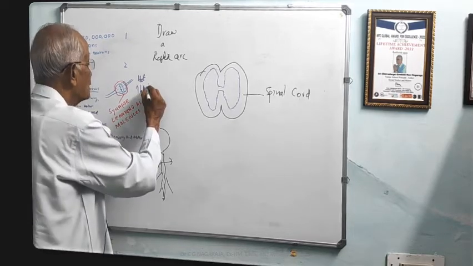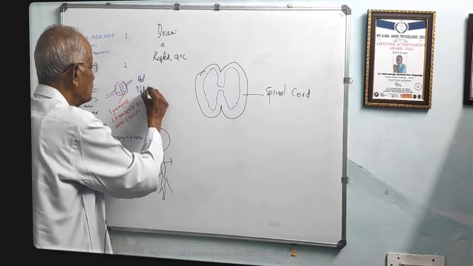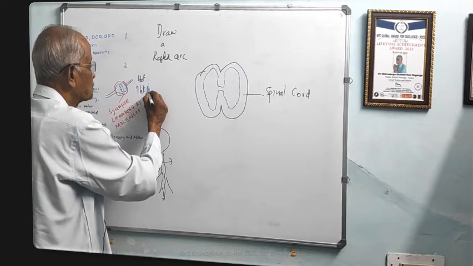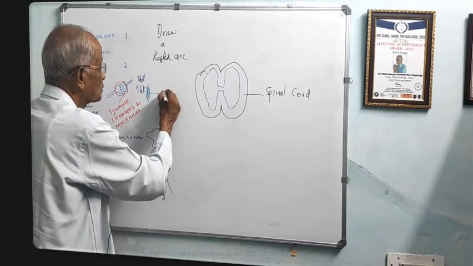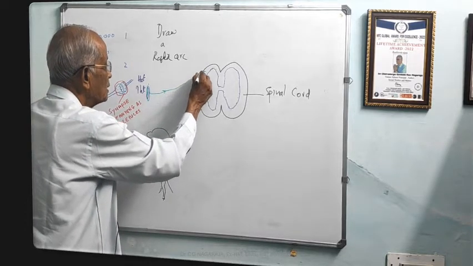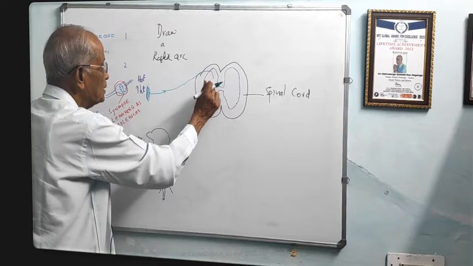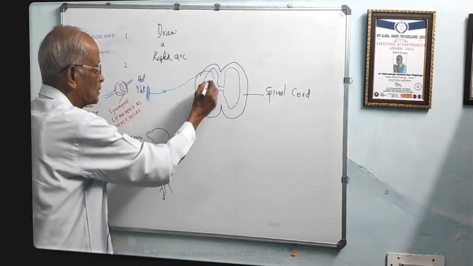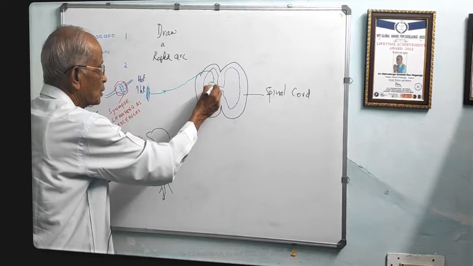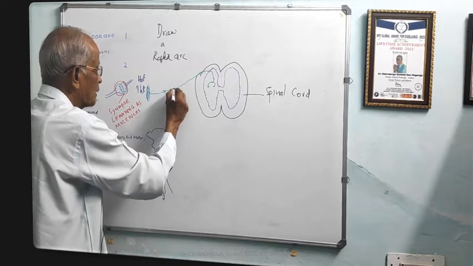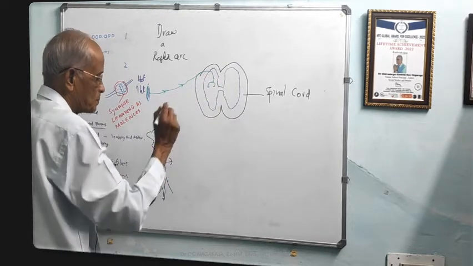There will be skin, for example. When you touch a hot plate, from the skin, the nerve impulses will start, and they go all the way to this portion of the spinal cord. That is one way in which the nerve impulses will travel. That is the path.